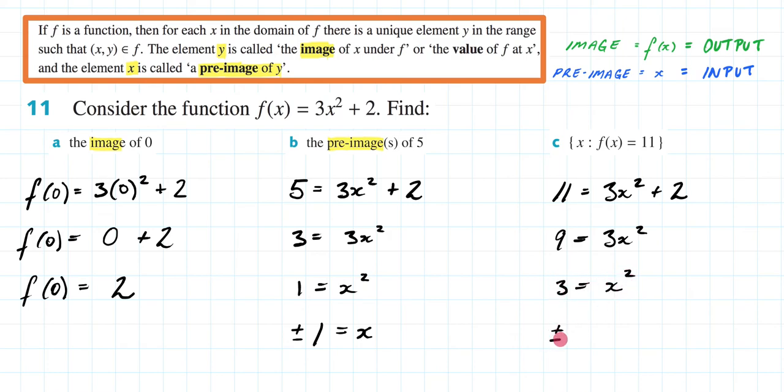So I'm going to get plus or minus the square root of 3 equals x as my pre-image, my input, which will give me an output of 11. Hopefully this all made sense. When we think of pre-image, we think of input. When we think of image, we think of output. I'll see you in the next question.